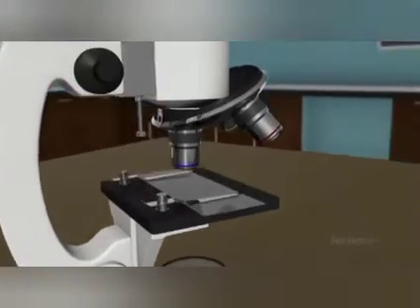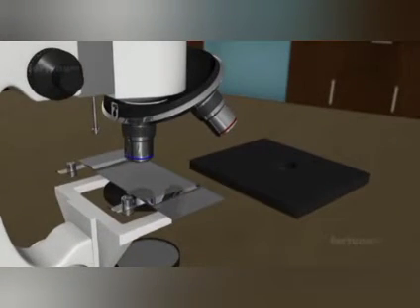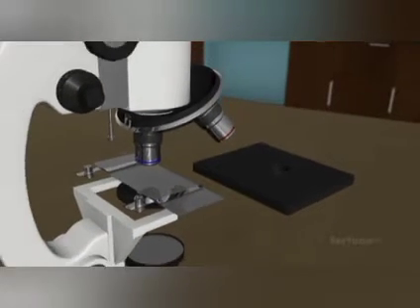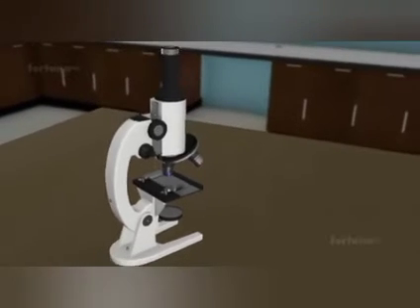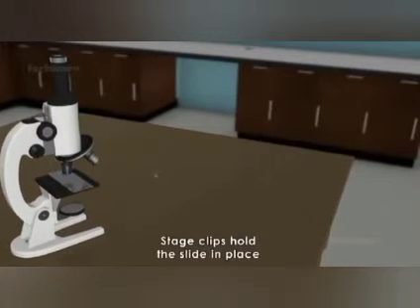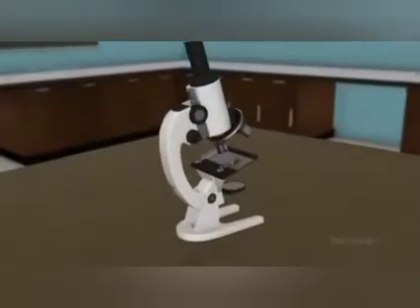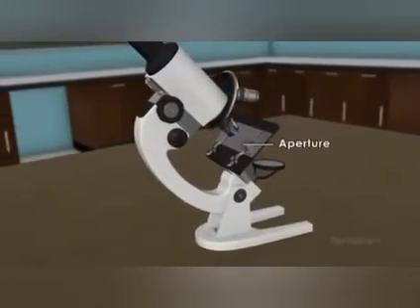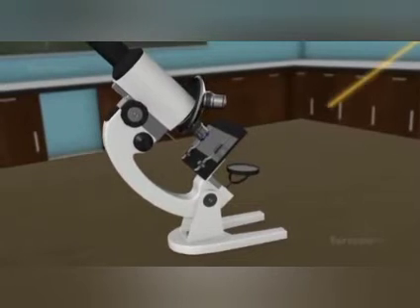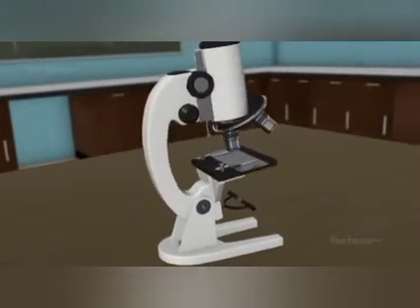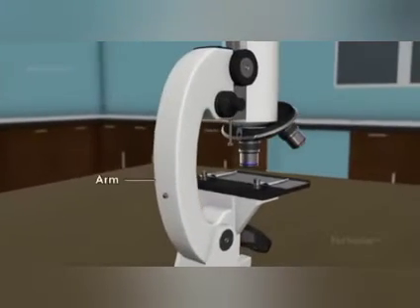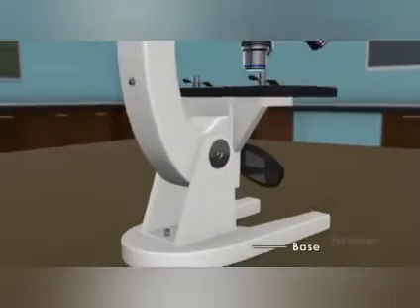Below the objective sits a flat platform known as the stage. On the surface of the stage, two stage clips hold the slide in place. A small aperture is present in the stage, allowing light into the body. The body tube is arranged on an arm which is connected to a strong base.